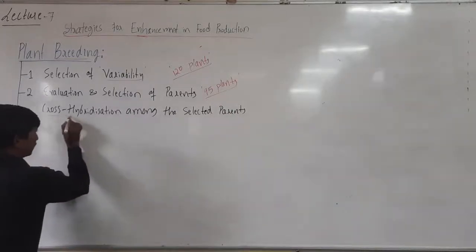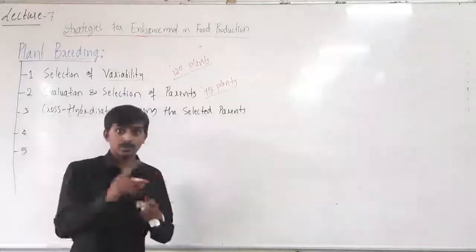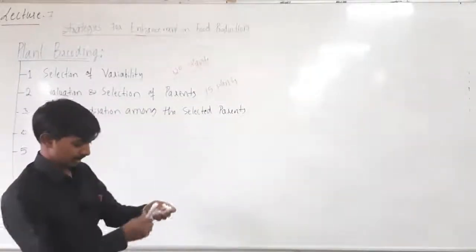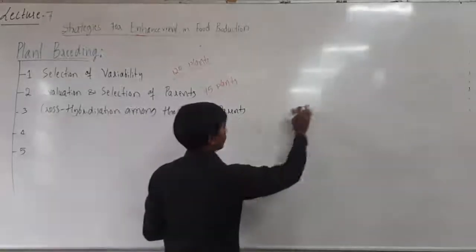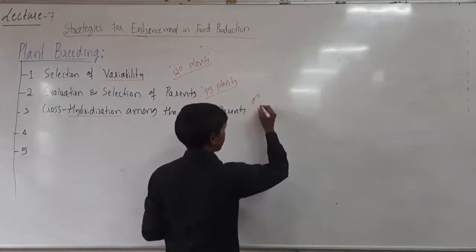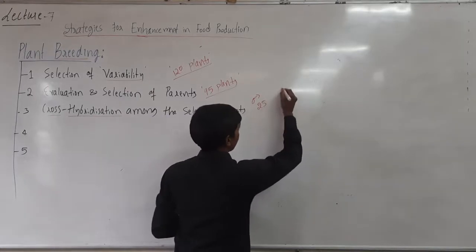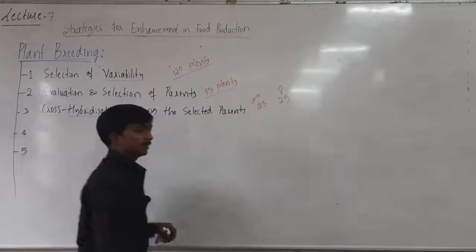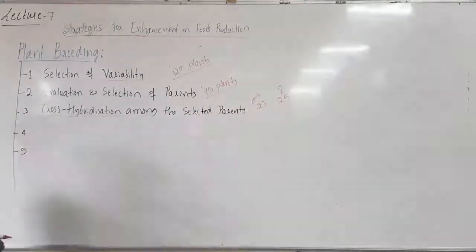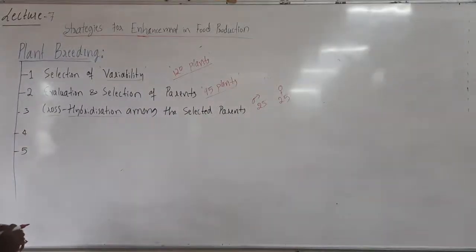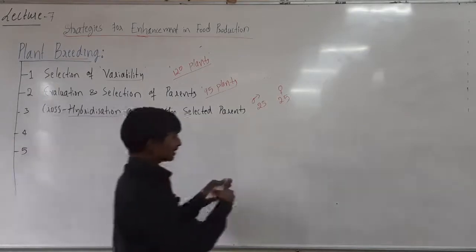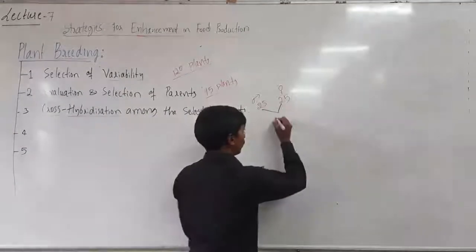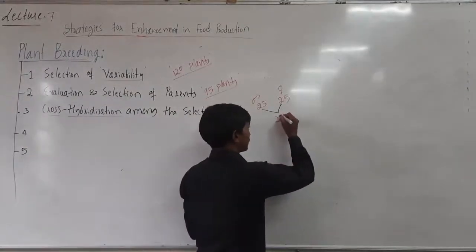Remember, cross hybridization, nothing but artificial cross pollination, is done among some of the plants. Say for example, as male plants I have taken some 25, as female plants I have taken some 25. So crossed between those 50 plants, right? So as a result of this, we have obtained 25 new plants.